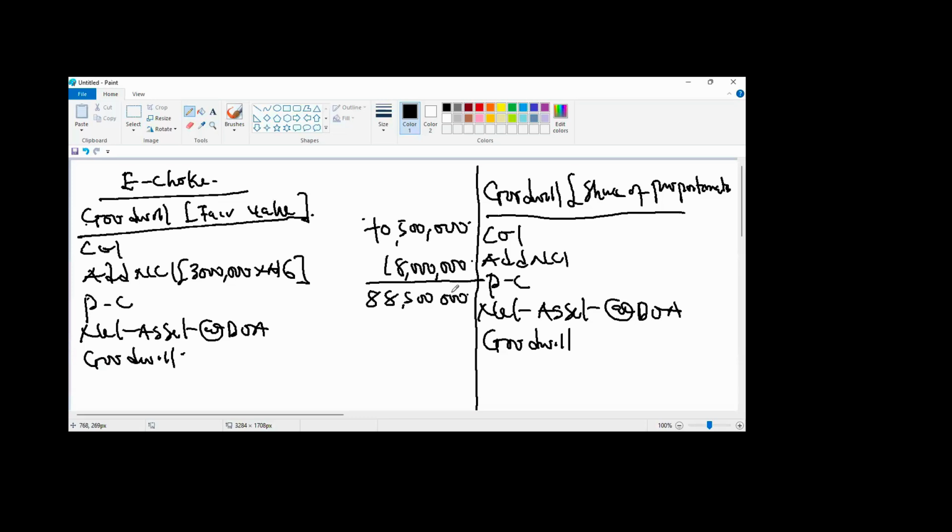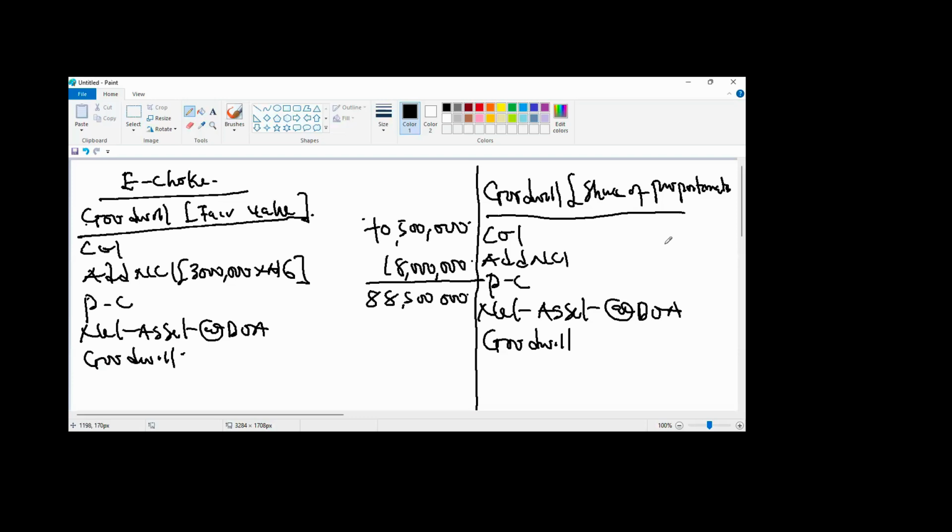But the fair value of this net assets totals 70 million. So there's a revaluation surplus as at the date of acquisition.